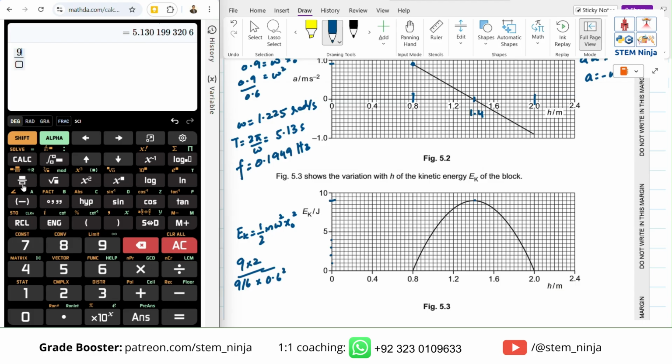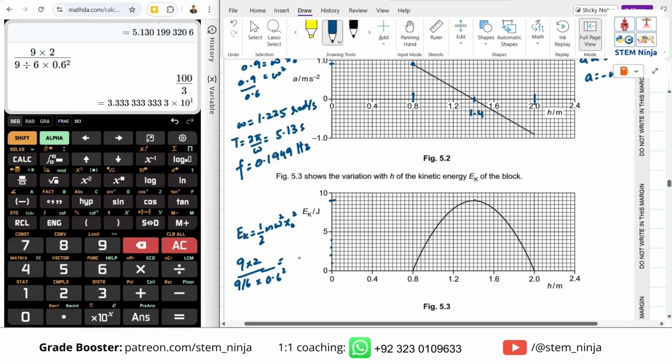So 9 times 2, divided by 9 over 6, times 0.6 whole squared, that is our mass. That is 33.3 kgs. Okay, so I think these would be enough.